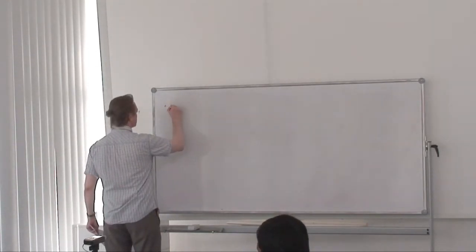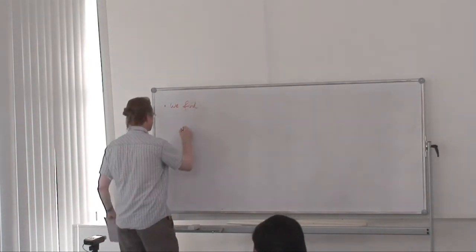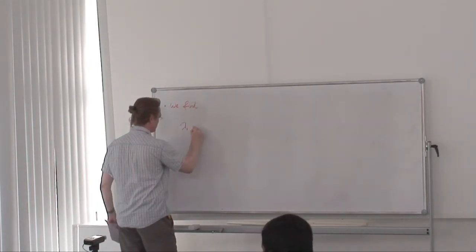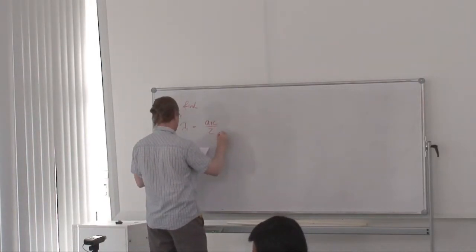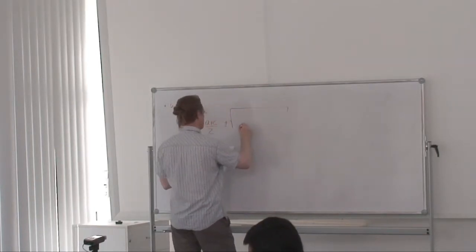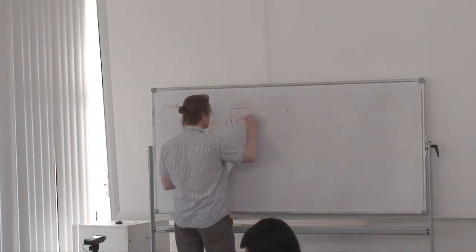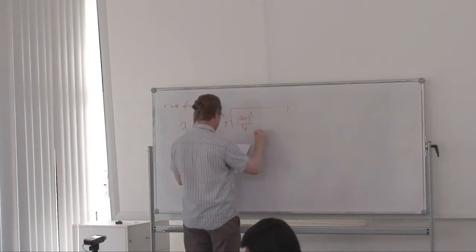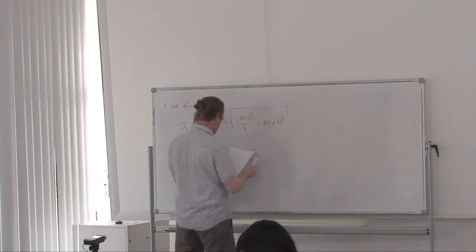We find that lambda I equals (A plus C) over 2 plus minus the square root of, what do we have? (A plus C) squared over 4 minus AC plus B squared.